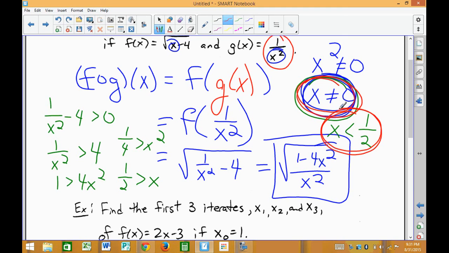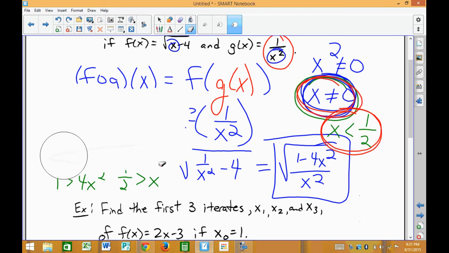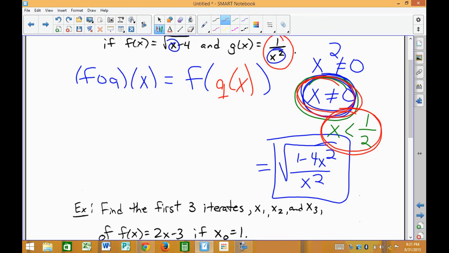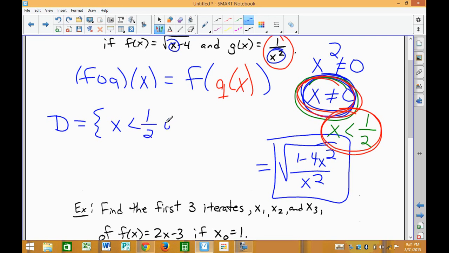So those two together are going to make the domain. Let me clear this out a little bit so we can write the domain. For the domain, which we usually represent as D, D is equal to x less than 1/2 or x cannot be 0.